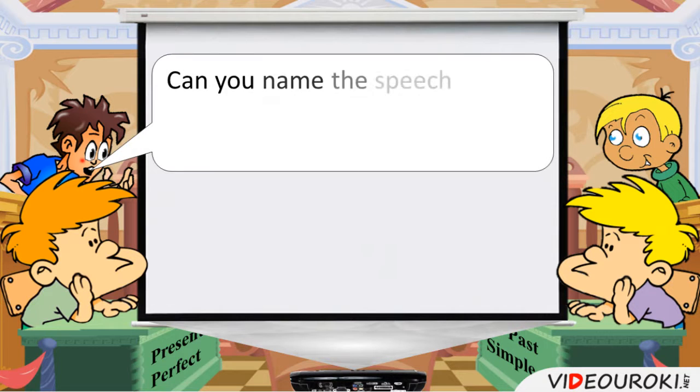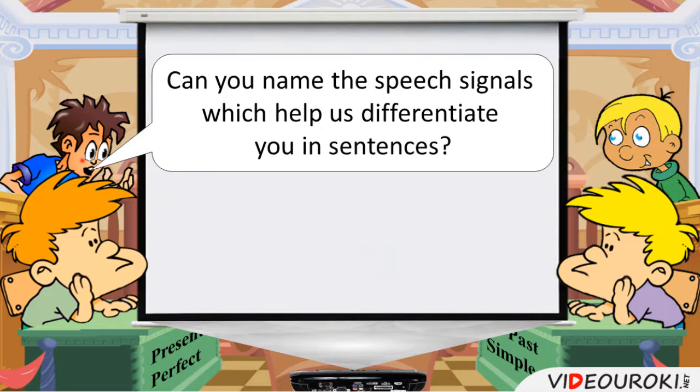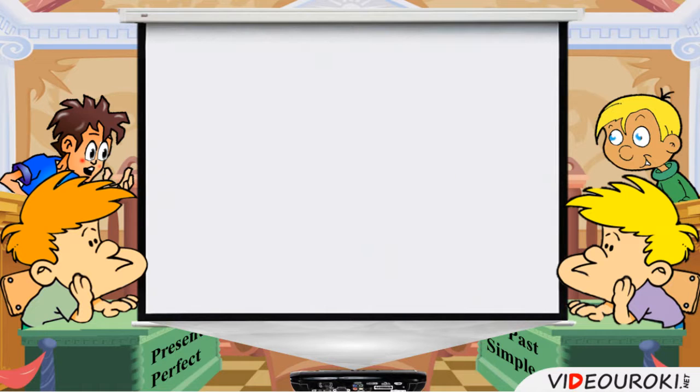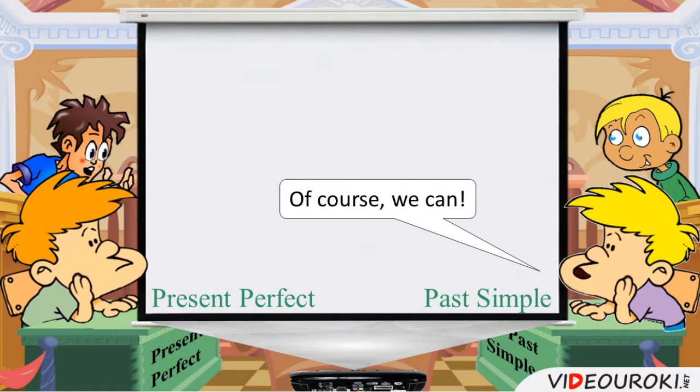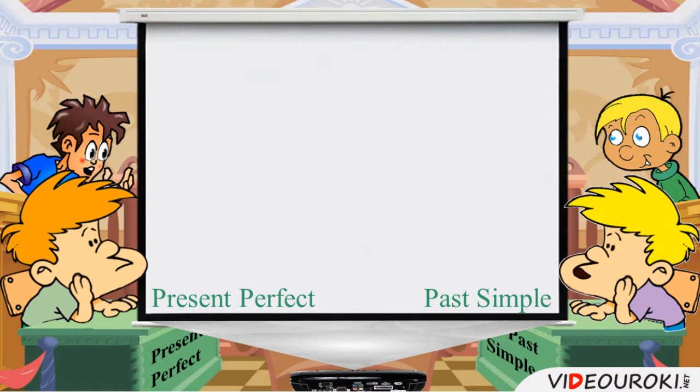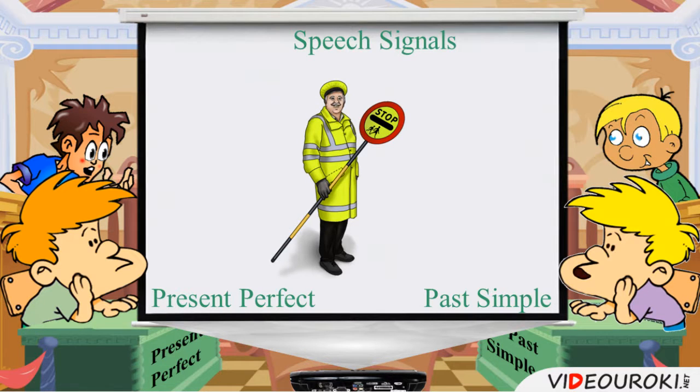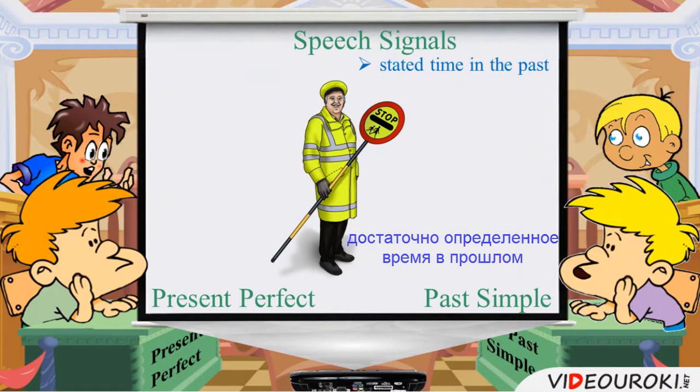Can you name the speech signals which help us differentiate you in sentences? А можете назвать слова-сигналы, которые помогут нам различить вас в предложении? Of course we can. Look at the words which mean a stated time in the past. Yesterday – вчера.